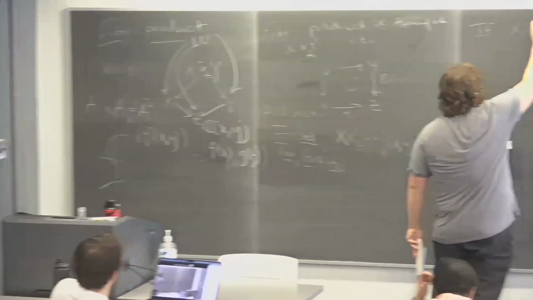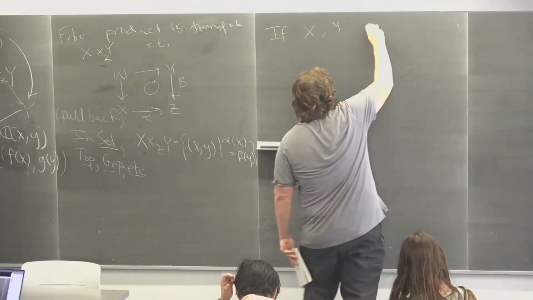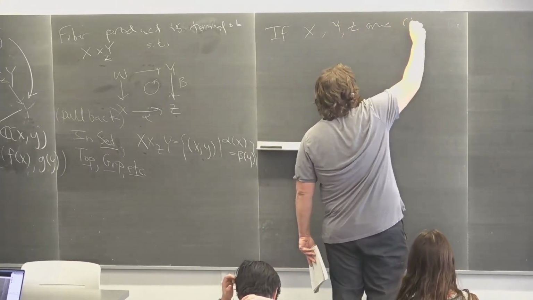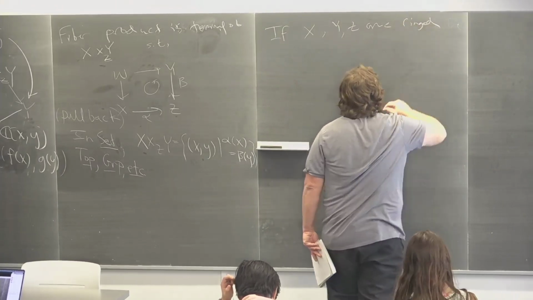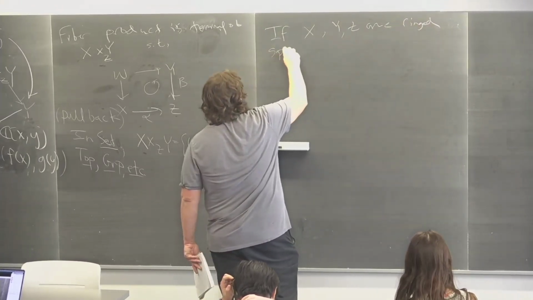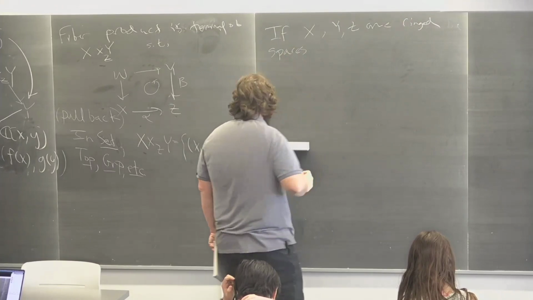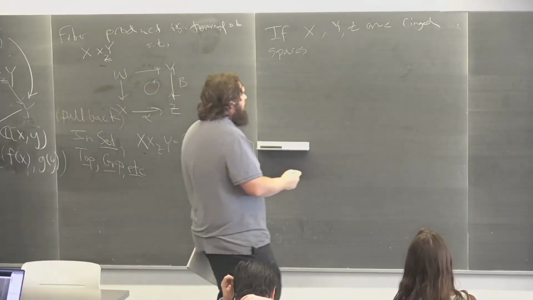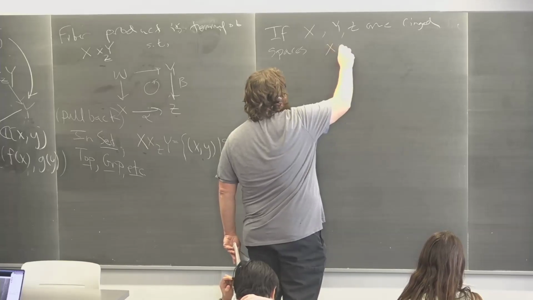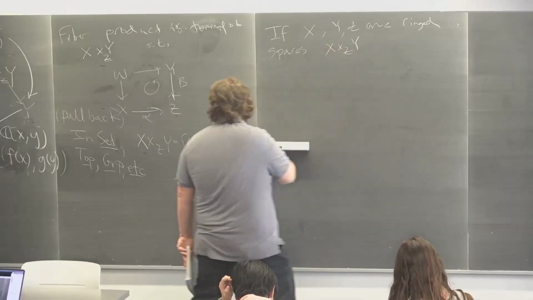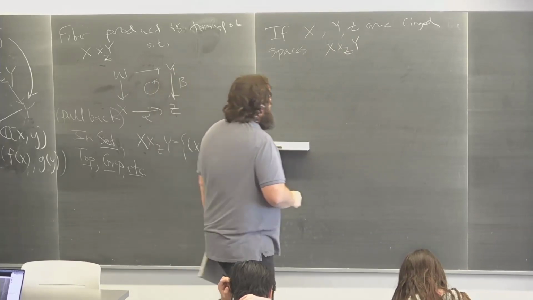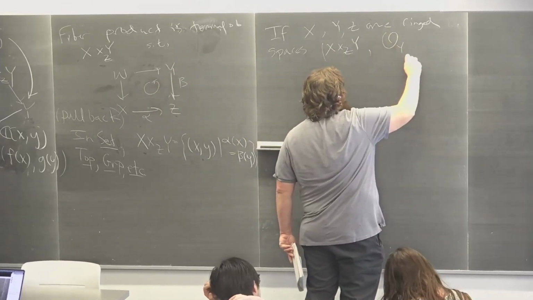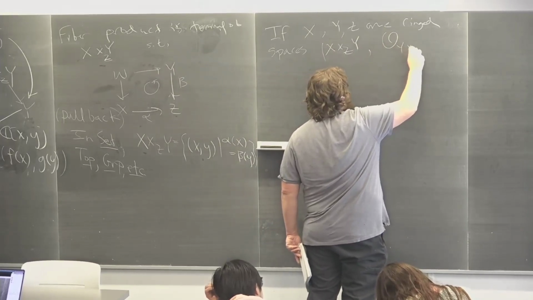So if X, Y, and Z are ringed spaces, then there's a natural way to define this fiber product, where I can take this usual definition, and then what's the structure sheaf on this going to be?